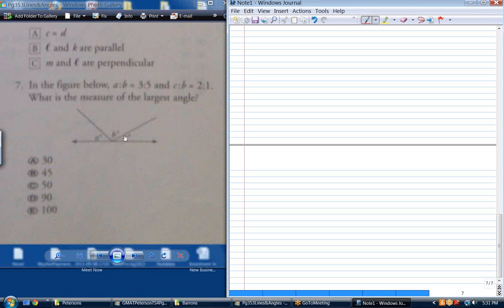Usually when it's drawn this poorly, they'll have a little note saying figure is not drawn to scale. But obviously they didn't here. I've seen that on the GMAT. They will say it's not drawn to scale. But from this information here, we can tell that C has to be the largest angle.